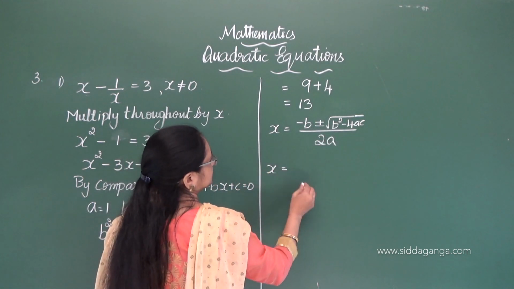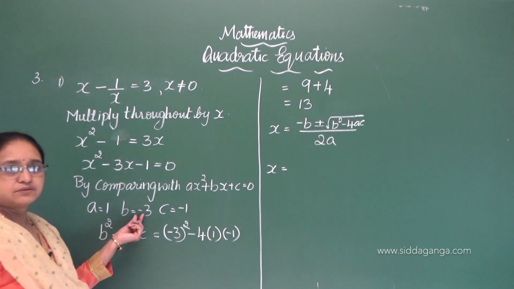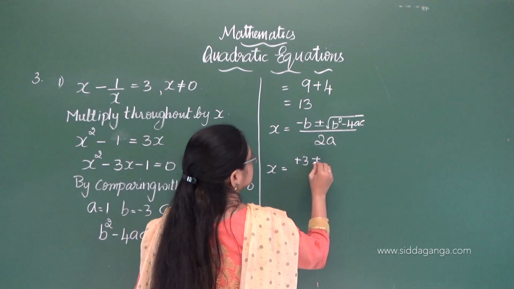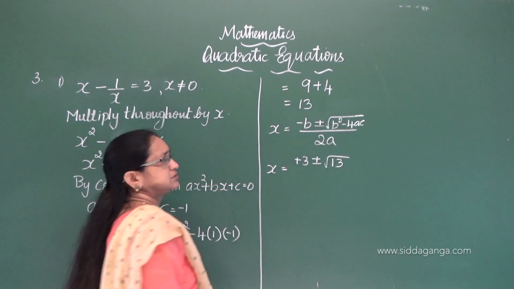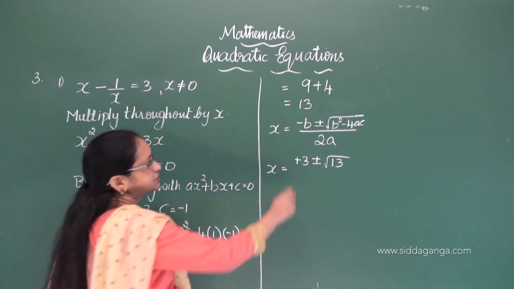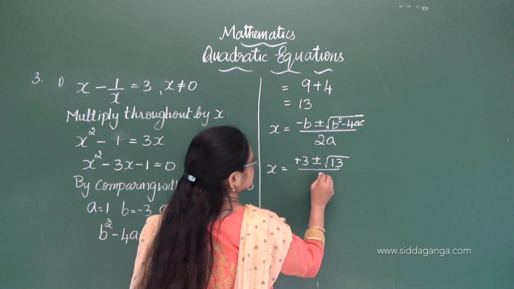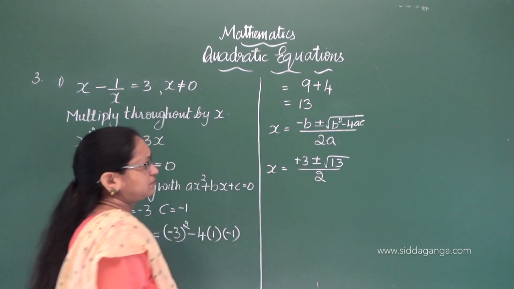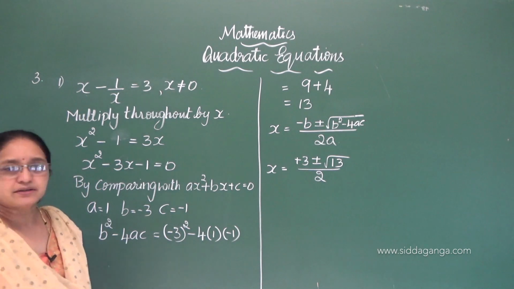So x is equal to minus b. So minus b is what? Here minus into minus plus 3, plus or minus root of 13. So we have already found out the value of b square minus 4ac, that is root of 13, by 2 into a. 2 into a is 2 ones are 2. So x is equal to plus 3 plus or minus root 13 by 2.